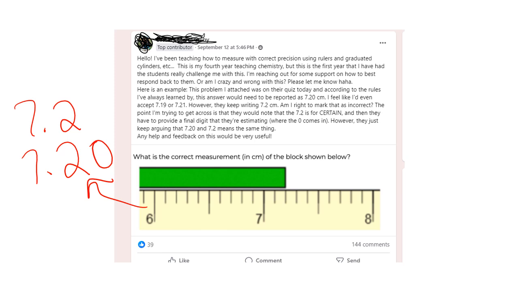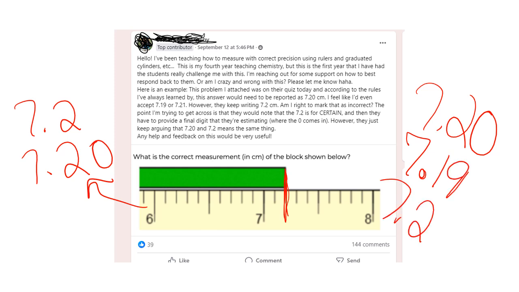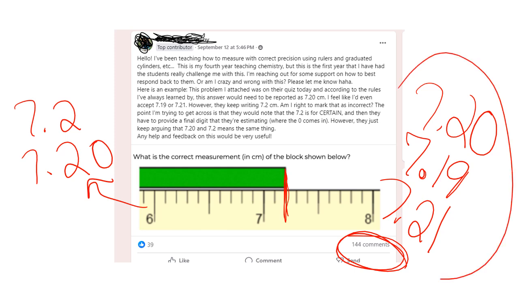So here, that is right on there. So that'll be 7.20, and it should have the same amount of numbers if it was right below or right above. And reading through the comments, teachers were saying they would accept any of those.